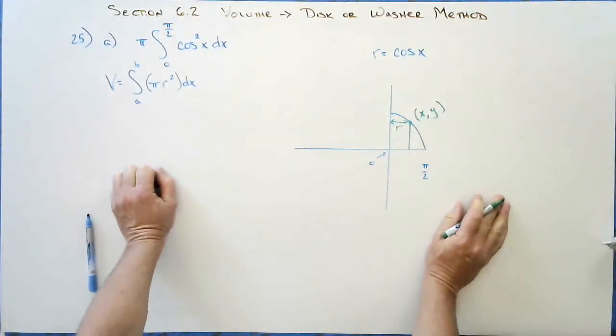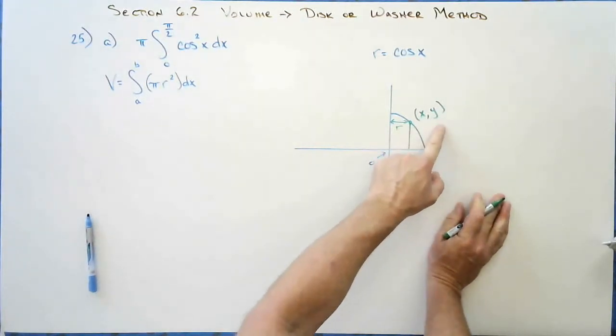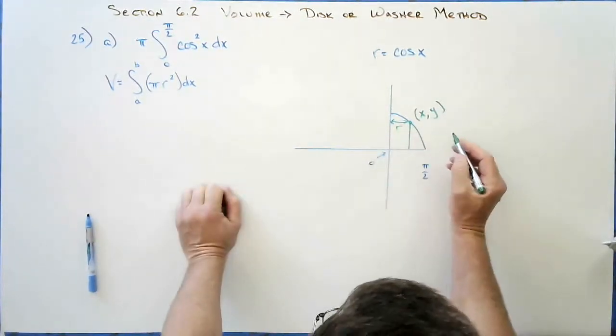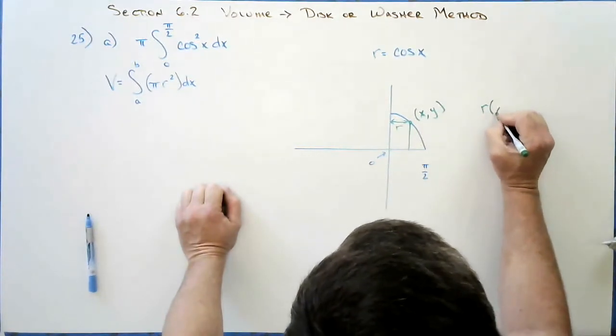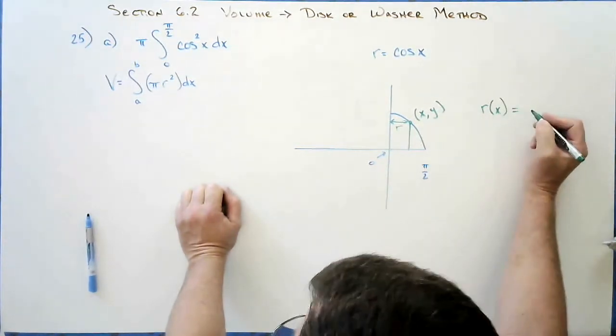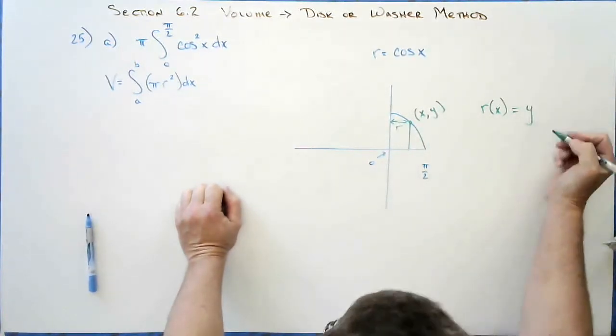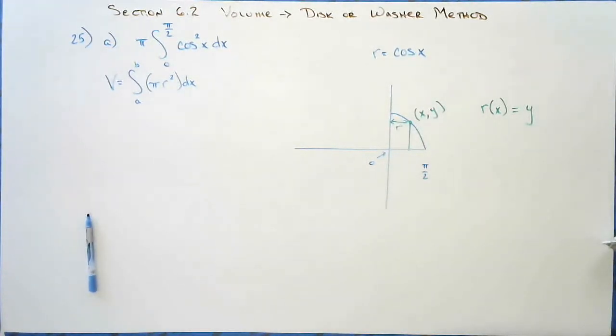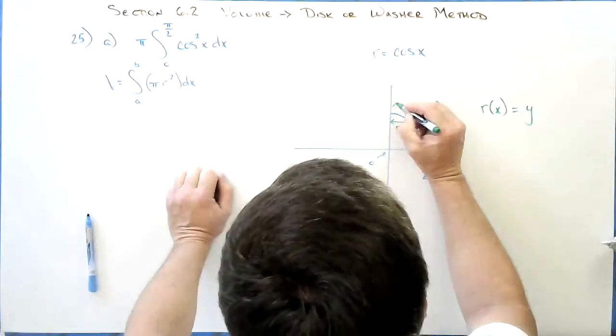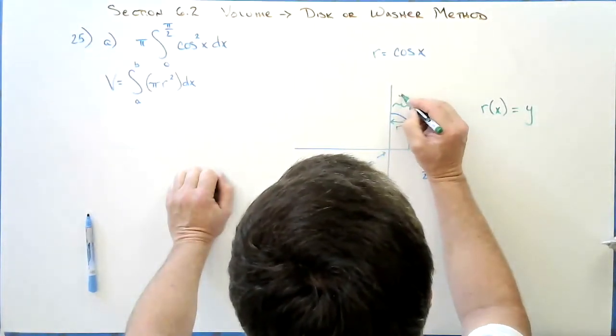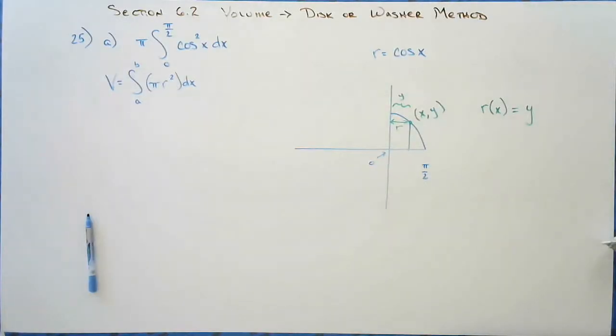That's r, and that radius is y, right? That's the point x, y. So our radius, we need it in terms of x. We'll write it like this. But right now, our radius, looking at our picture, is y, because that's how the Cartesian plane works. The distance from here to here on the Cartesian plane is going to be y.